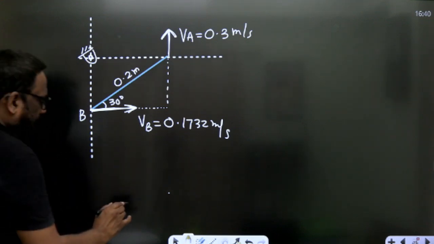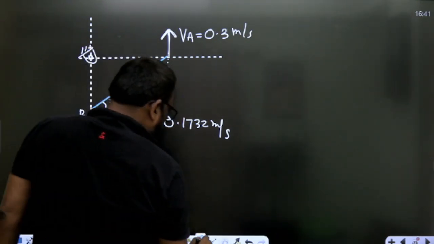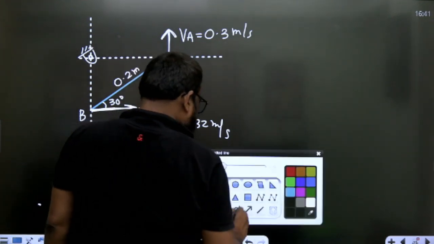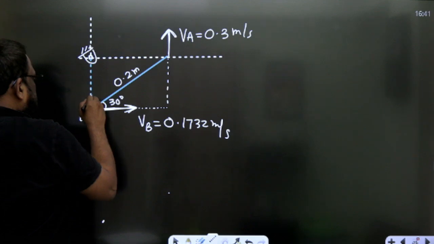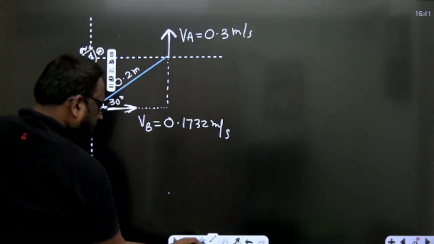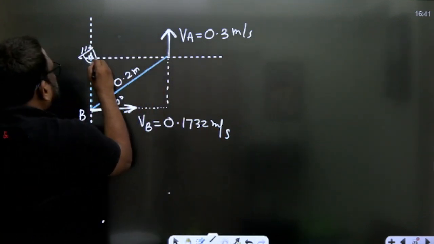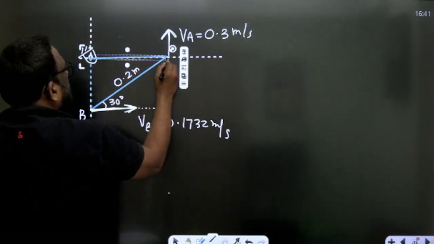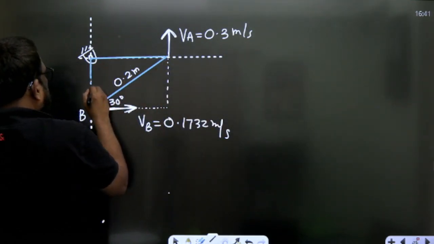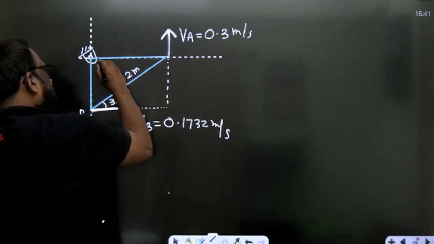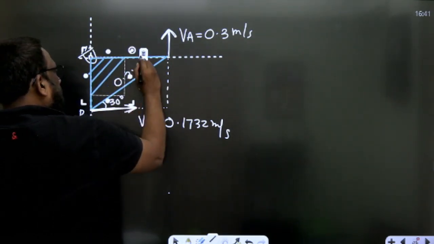If I want the angular velocity of this complete member, it is very simple. Let me change the color. Bear with me. As if this complete member is rotating about this.